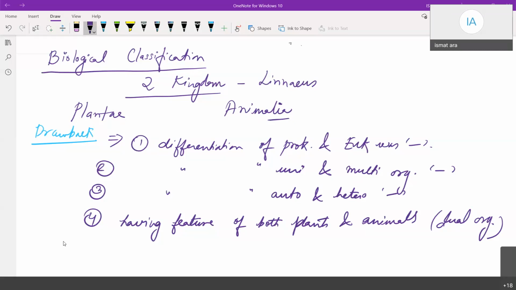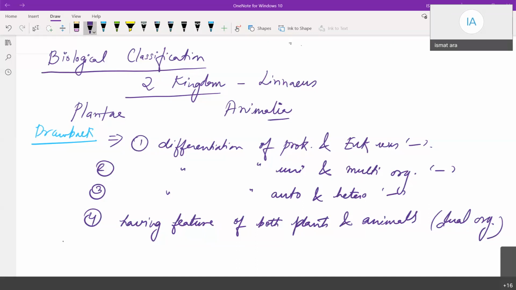Unicellular bacteria, multicellular gymnosperm, angiosperm, both are placed under plant kingdom. Green plants are autotrophic, but fungi are heterotrophic. So differentiation was absent. And where will you put organisms having both plant and animal features? So these are the drawbacks of this two kingdom classification.